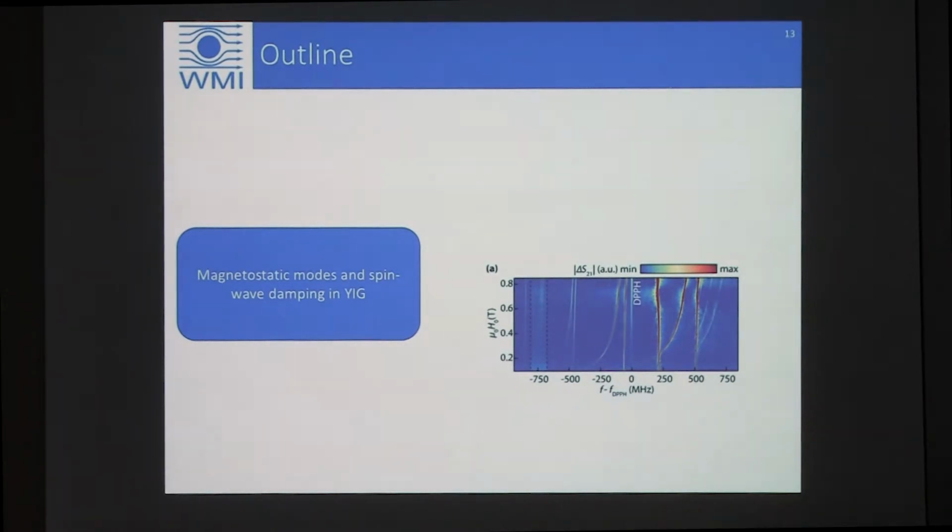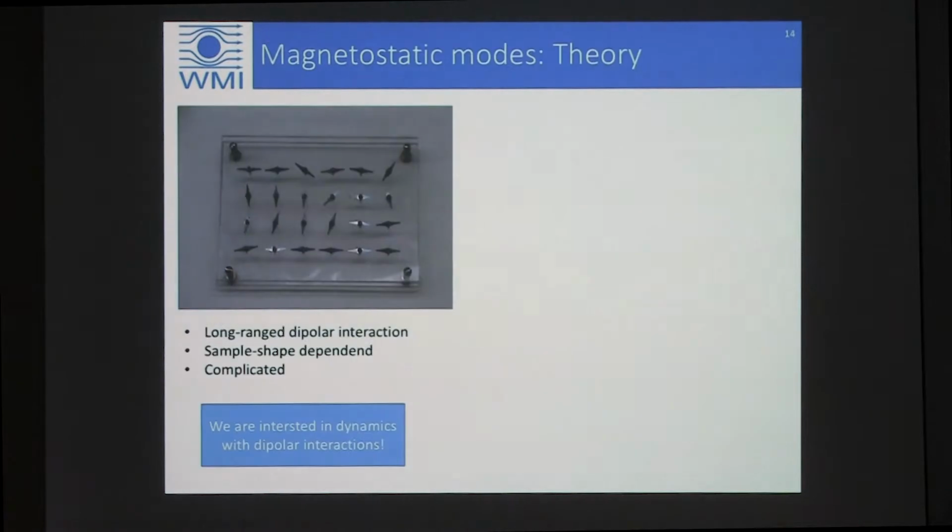Okay, so magnetostatic modes. This theory is kind of a hand-waving argument. It's based on dipolar interaction. You can visualize something like that if you have this board with the compass needles, right? And I think there are several messages you can take away from that. First of all, it's really long range, right? So it turns out to be independent of the actual size of the sample.